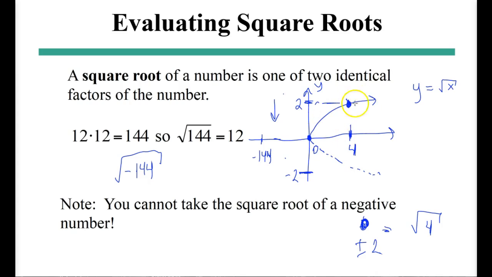That graph doesn't do that. If we drew it, the graph turning like this isn't a function, because it doesn't pass the vertical line test. That's just some background knowledge for you. In short, whenever we're drawing the square root function, it has to be this function that goes up like this, and we only have one answer to it.